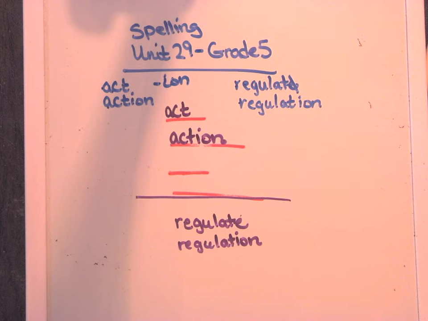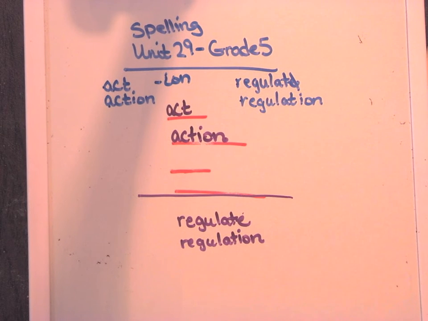But on the top of 182, we look at primary stress and secondary stress. In the little box in your book, you have the word populate.